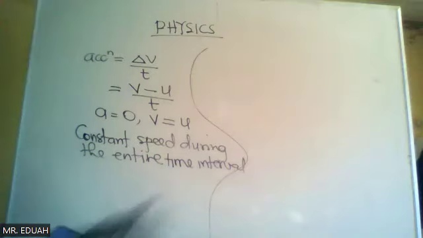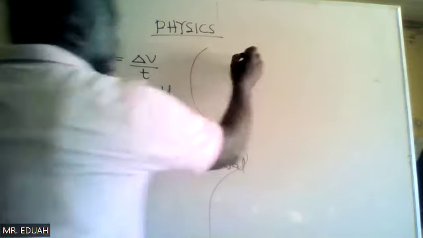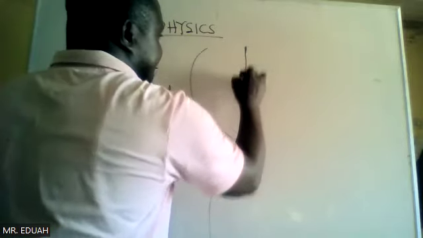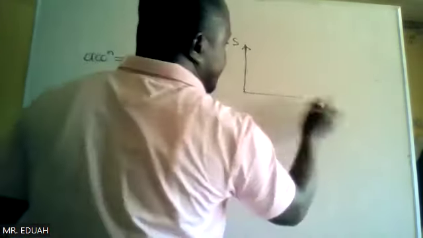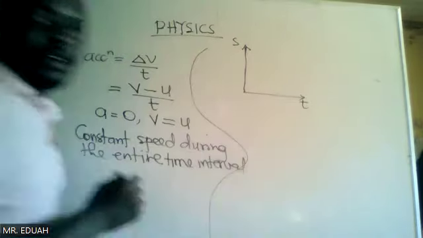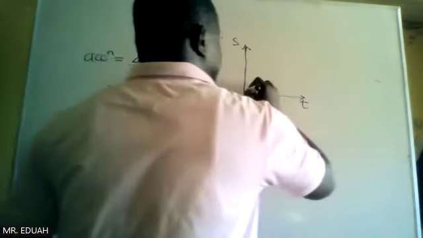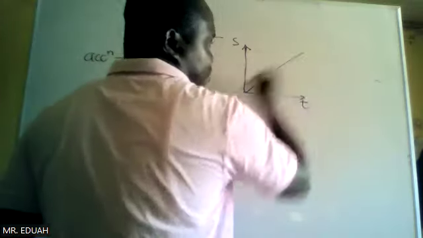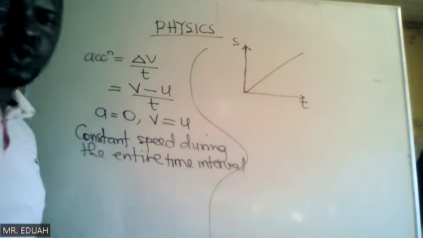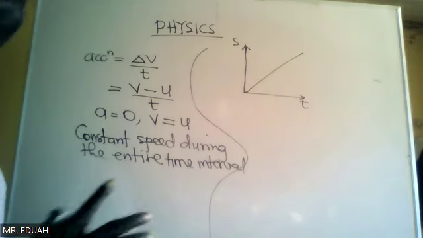So for constant speed, on the displacement time graph, the S-T graph, constant speed must be this: a straight line, having the same value of slope, which is equal to the speed or velocity.